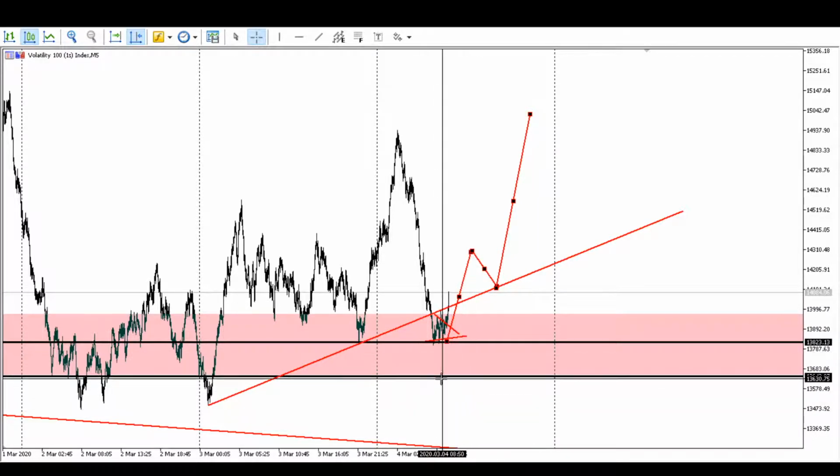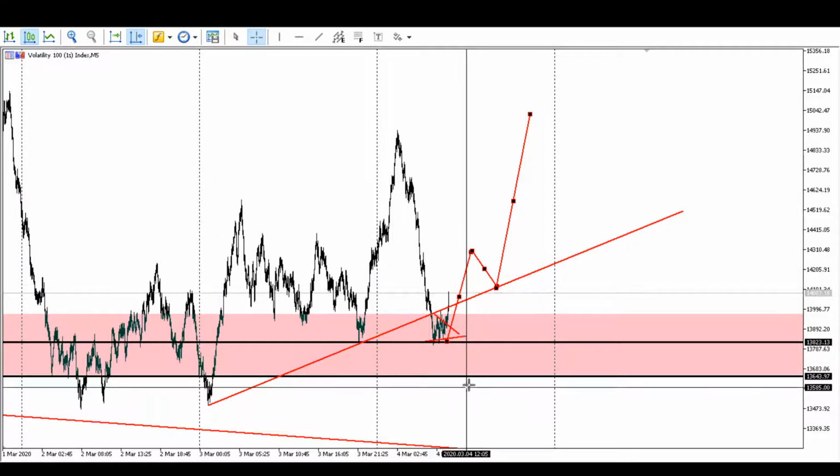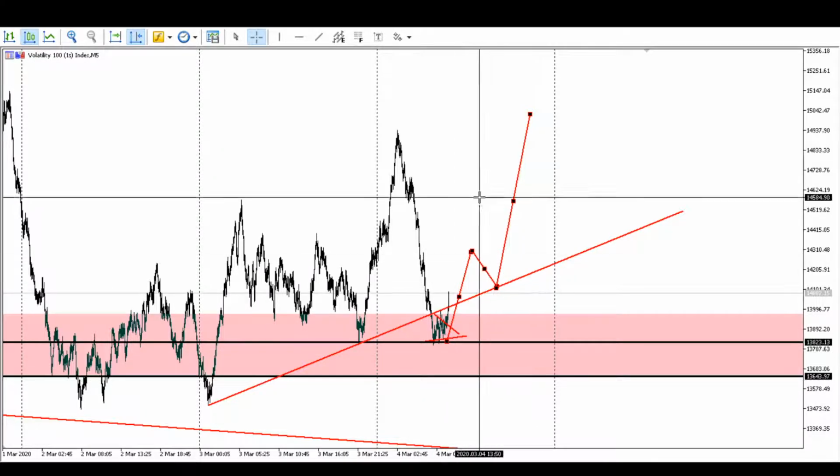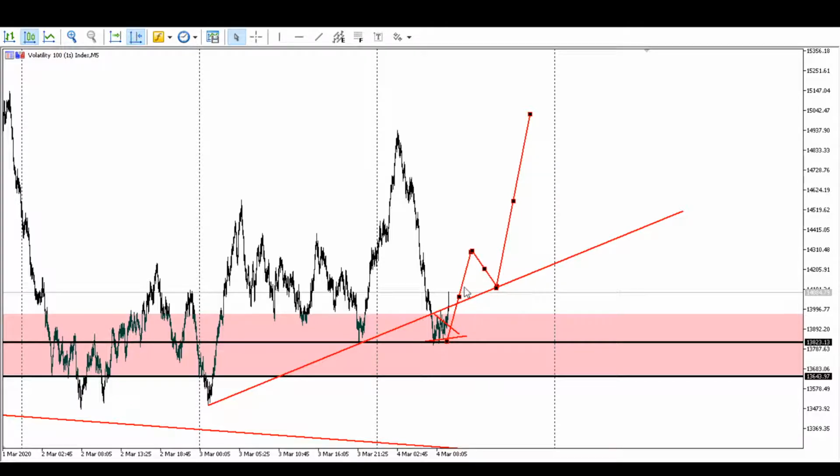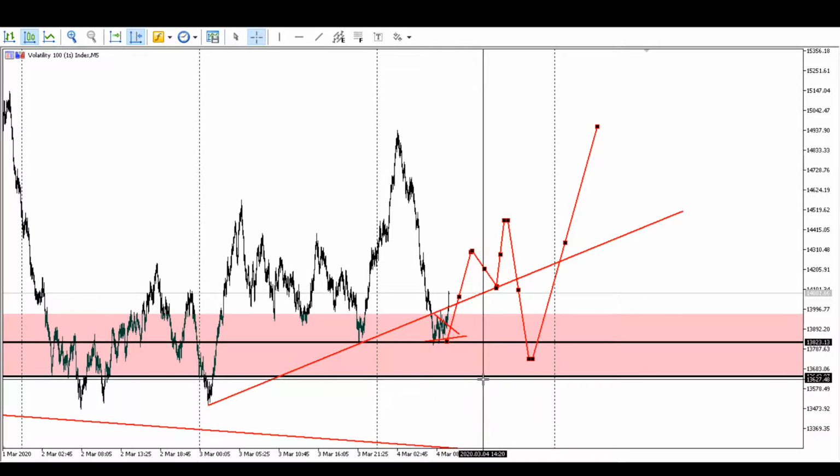At the end of the day, you must put your stop loss at least below this level, because they can break this trend line and retest it, and they can push maybe up to somewhere, and then come down to retest this level, this buffer zone maybe, and then go up, because this trend line is a very minor zone. So you need to put your stop loss below this level.